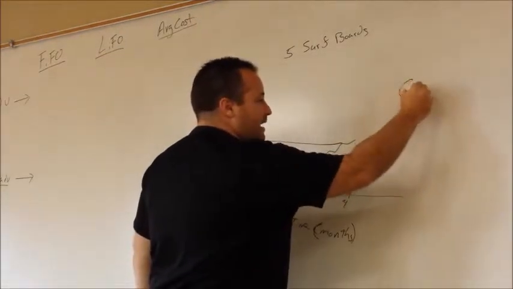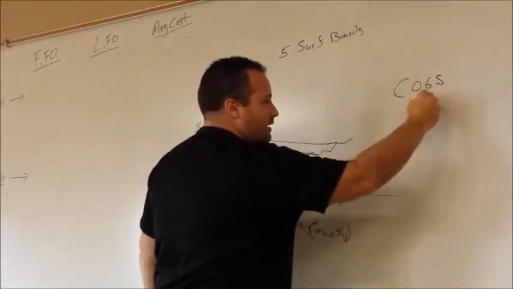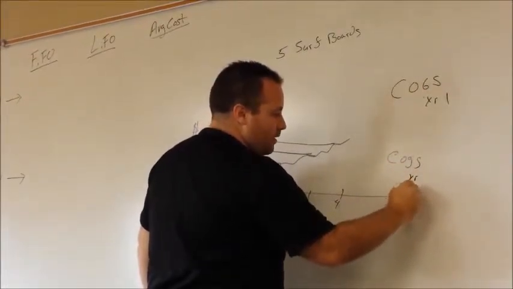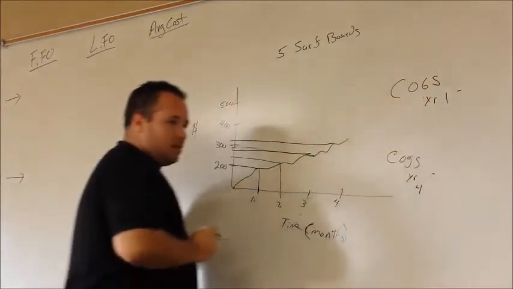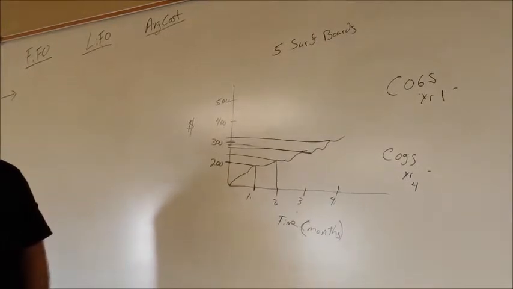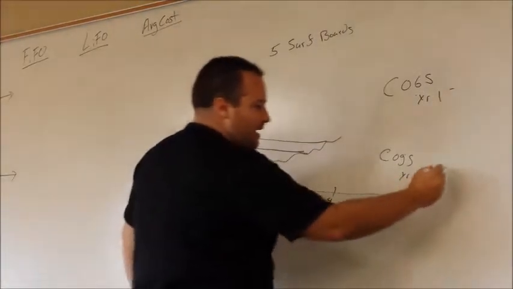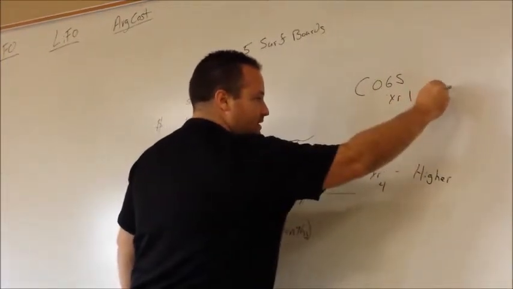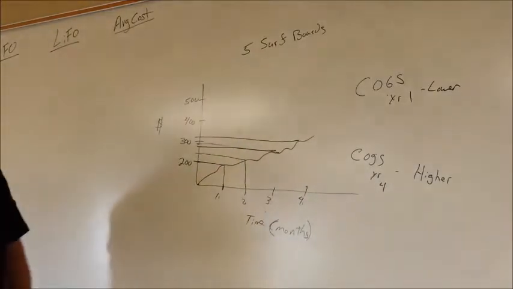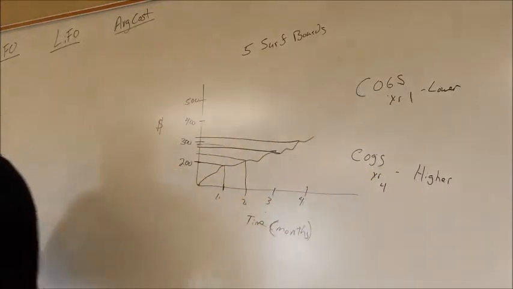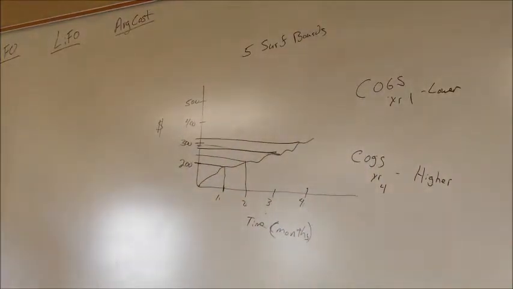If I was to compare my cost of goods sold, year 1 to my cost of goods sold in year 4, which one's going to be higher? Yeah, year 4. This one's going to be higher cost of goods sold than year 1 because of the period of rising prices. So what's that going to do to my net income in year 4? If my cost of goods sold is higher, my net income is lower. Yeah, because cost of goods sold takes away from our income.